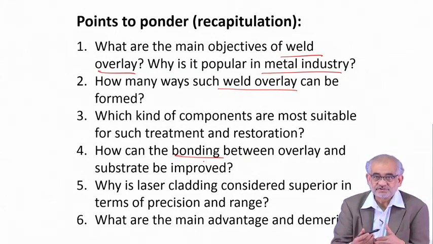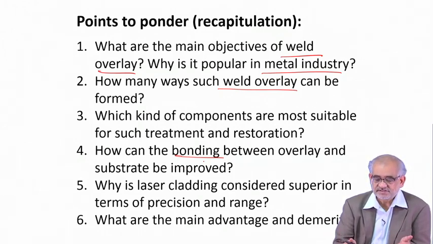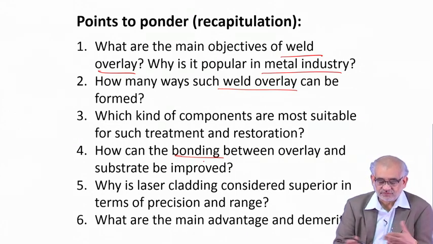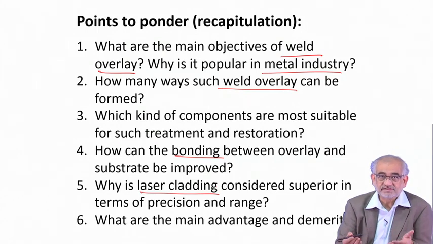Because of this compositional gradation, the amount of brittle phases that you form would be reduced, and as a result you can have better bonding between the overlay and the substrate. Laser cladding is one technique out of all these that we discussed, is extremely precise and useful, and can take care of almost all kinds of solids for creation of overlay.